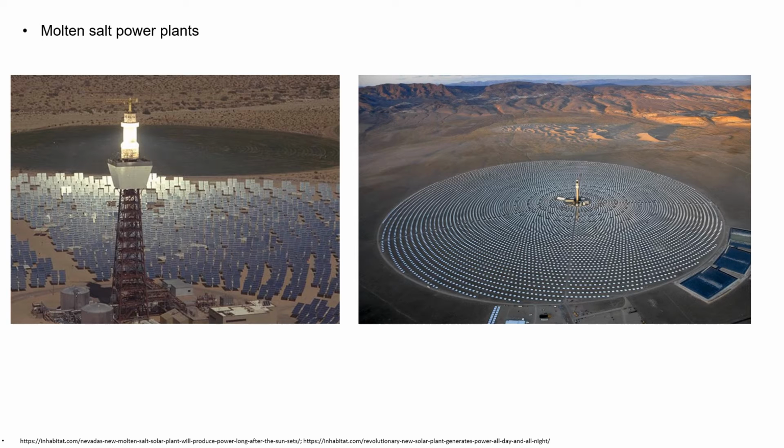When the energy is required, the salt is pumped through a steam generator that boils water, spins a turbine, and generates electricity. Here in the second picture, the molten salt solar power plant is constructed with 10,000 mirror heliostats spread over 1,600 acres of land, which collectively focus the sunlight on a 640-foot tall central tower fitted with molten salt chamber.